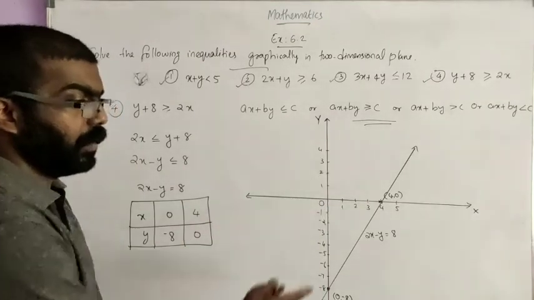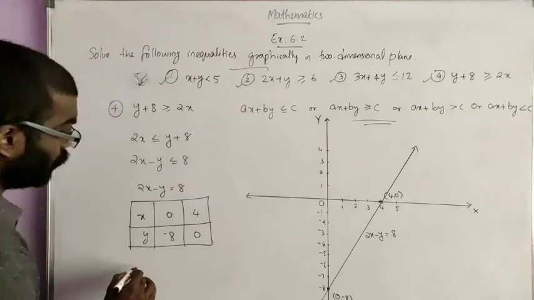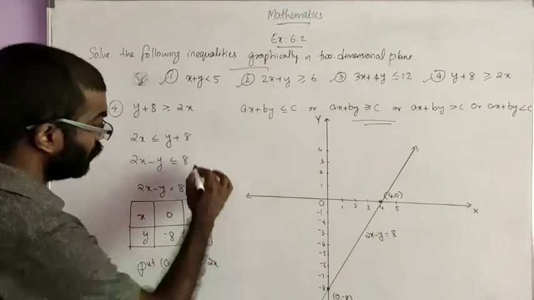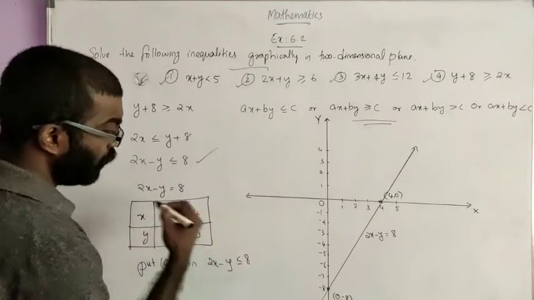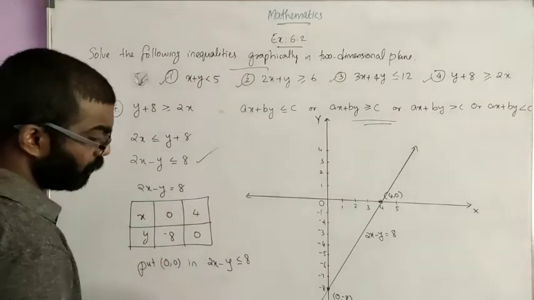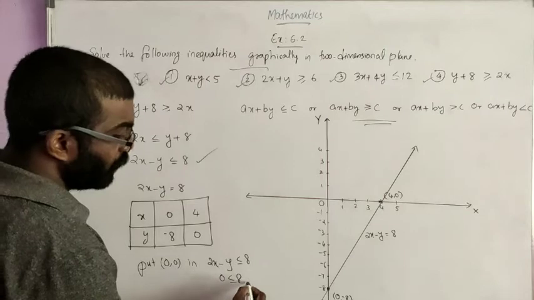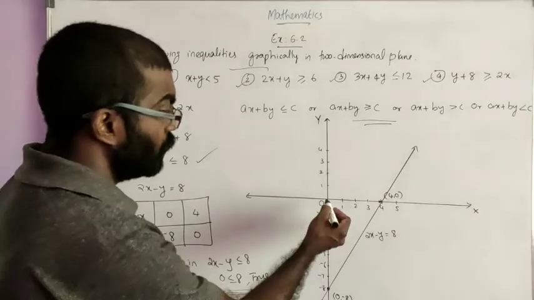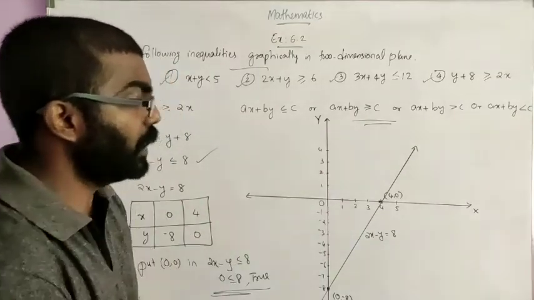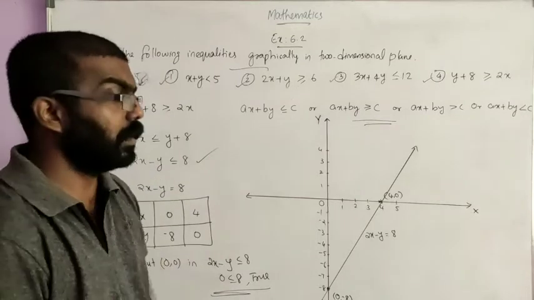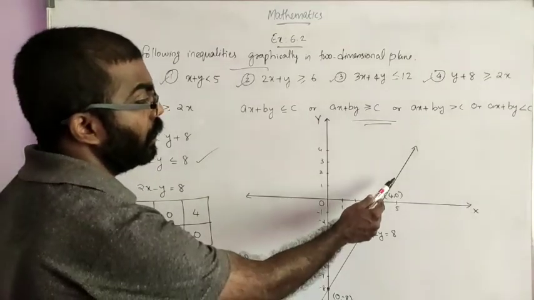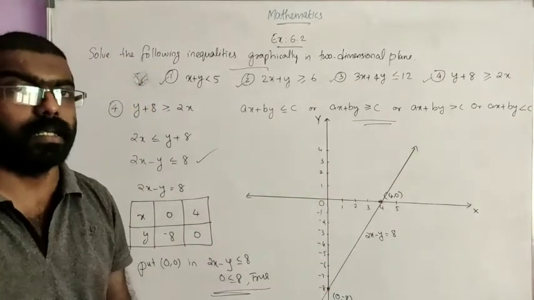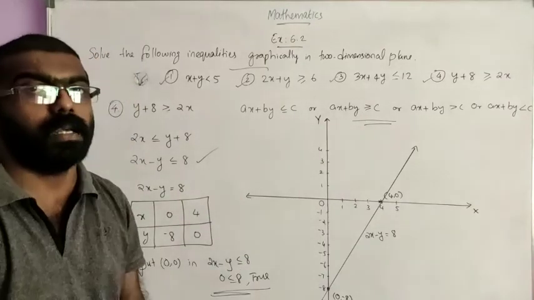It's on the left half plane or the upper half plane. So put 0, comma 0 in the inequality 2x minus y less than or equal to 8, the standard form. So 0 less than or equal to 8, which is true. 0 less than or equal to 8 is a true statement. So this point 0, 0 must lie in the solution region. That means the upper part or the left part of this line will be the solution region, including all the points which lie on the line.